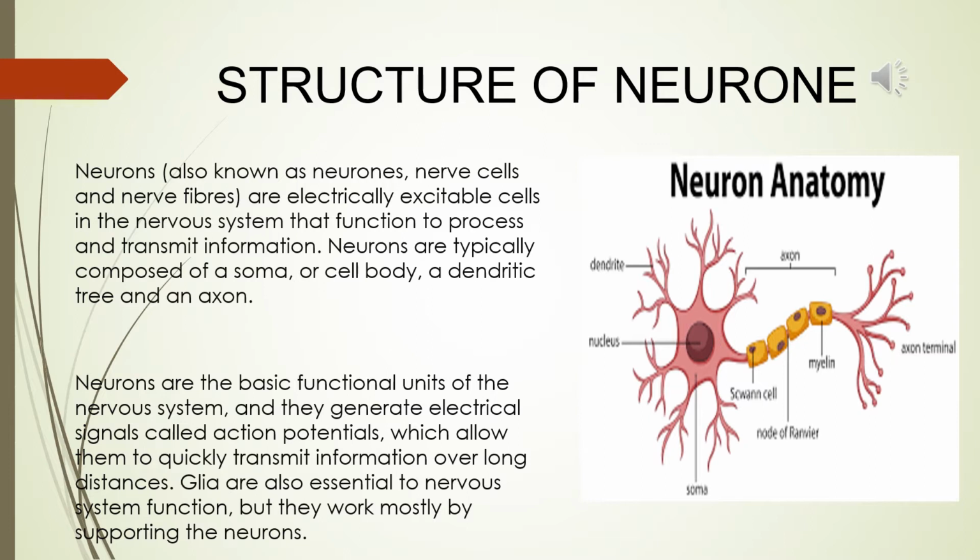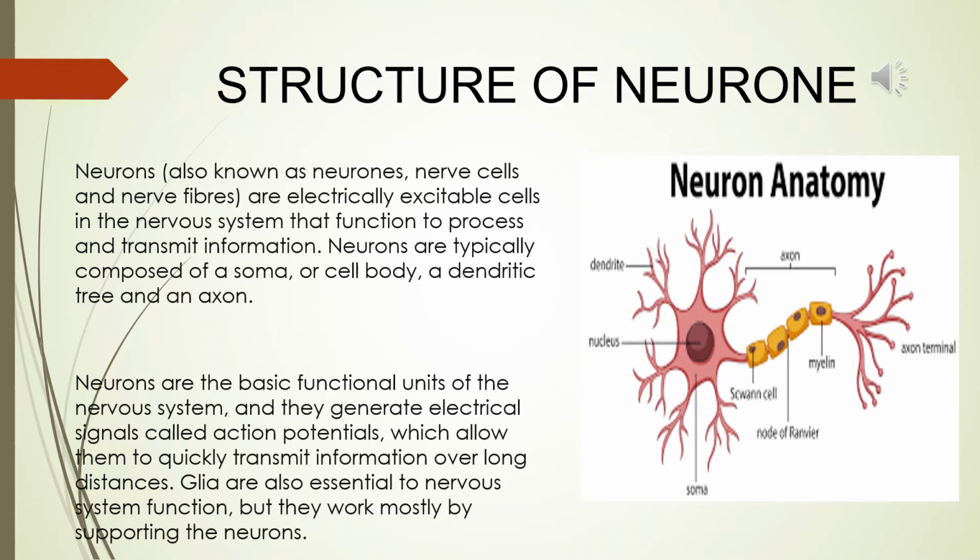Neurons are typically composed of a soma or cell body, a dendritic tree, and an axon. Neurons are the basic functional units of the nervous system, and they generate electrical signals called action potentials, which allow them to quickly transmit information over long distances.